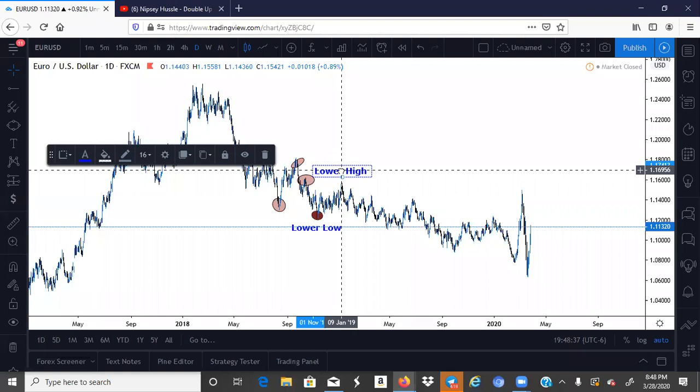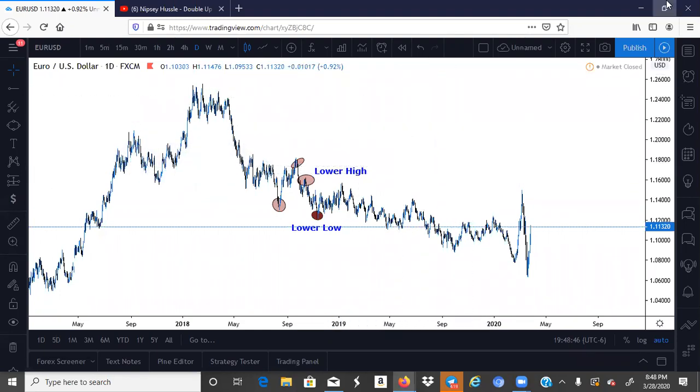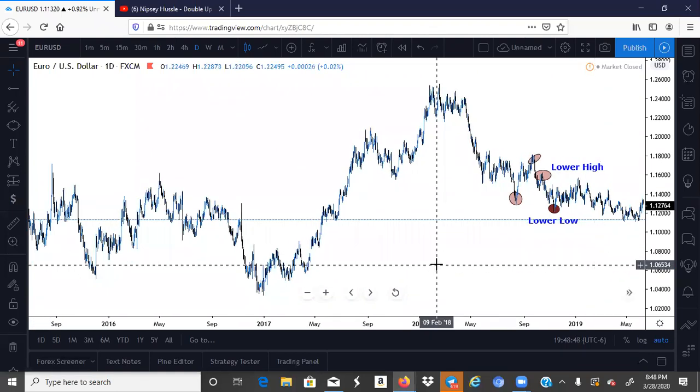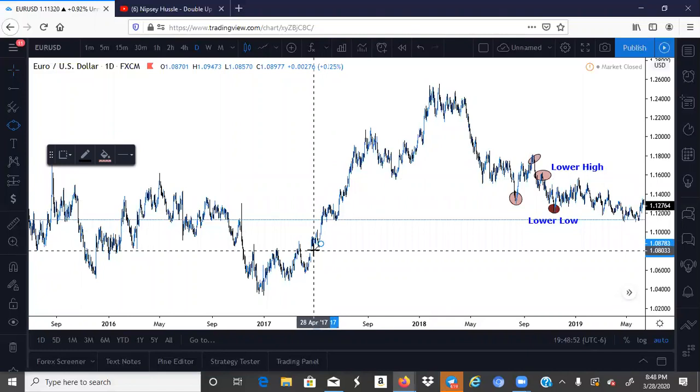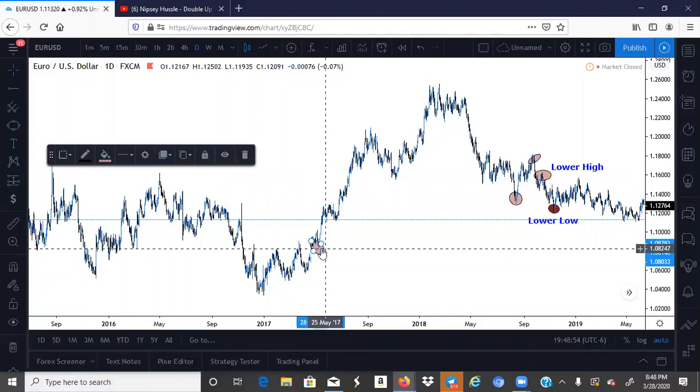Once you get a series of these, typically about 3, then you pretty much are in a downtrend. And of course, I'm gonna go here and show you guys an uptrend as well, because this was in an uptrend at this point.